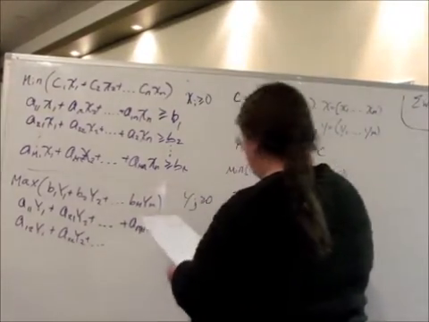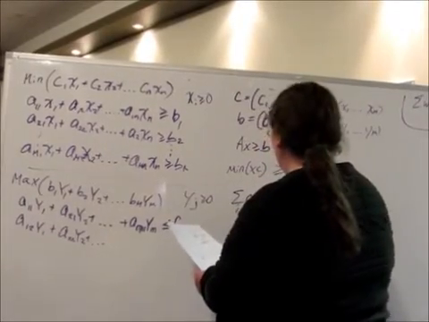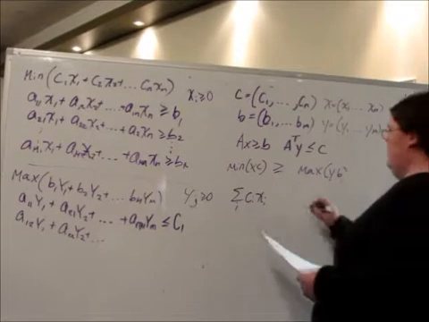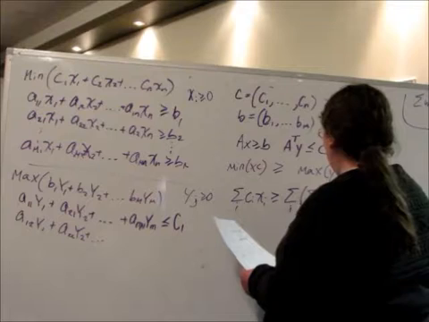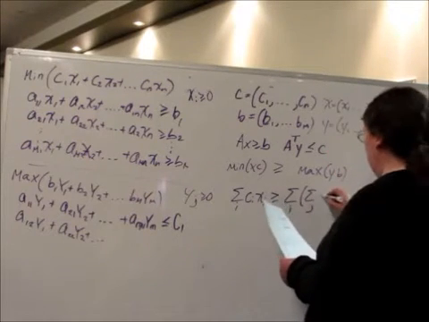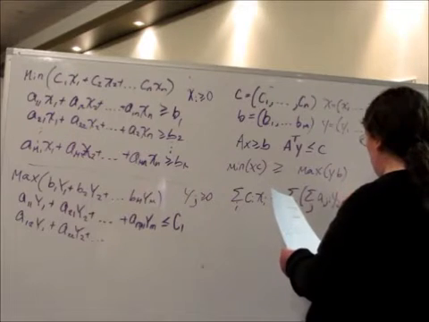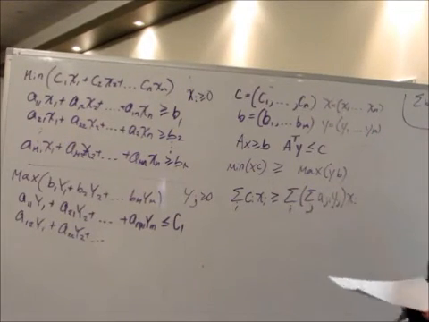Okay, so again, we just start off with this sum over i of Ci xi, so just that over there, okay? And I'm going to say that that's greater than or equal to this. Why am I allowed to do that?